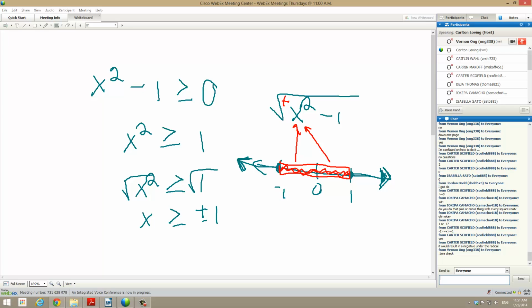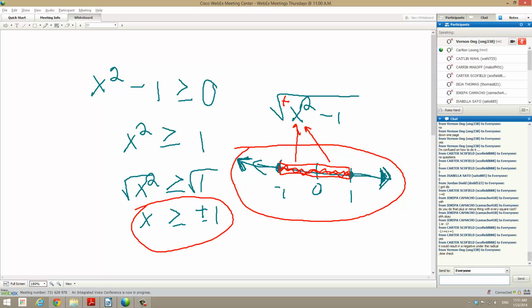But this right here is different from this right here. And even as you're trying to solve this one, you have to be really coming at it from a different angle than just solving it algebraically. Does that make sense? You have to ask yourself, what do I want and what do I not want, and how do I get that?